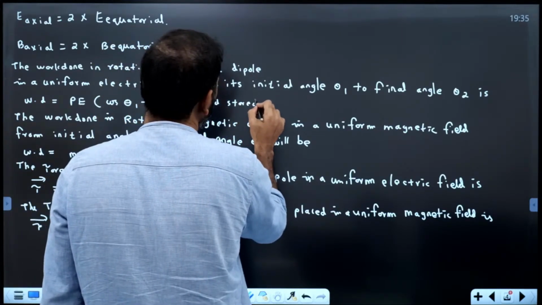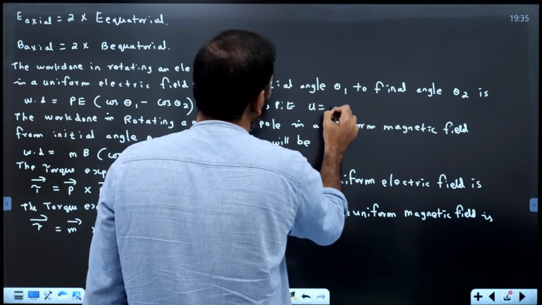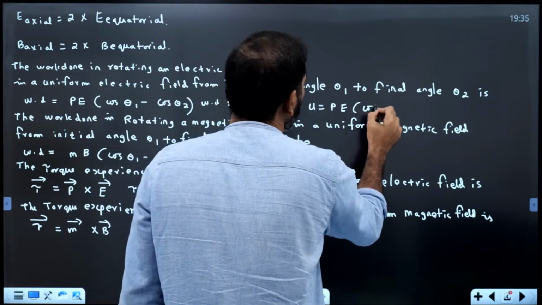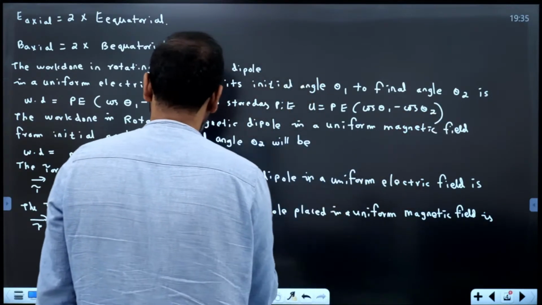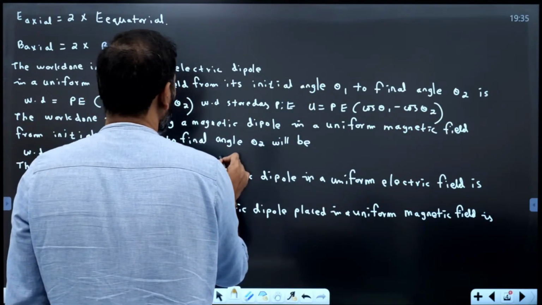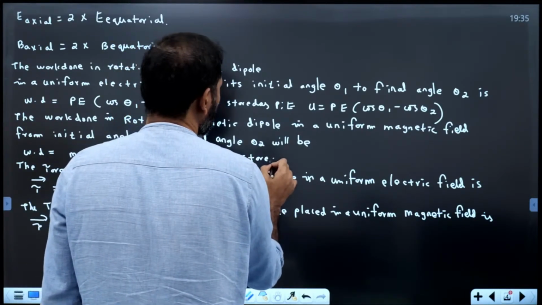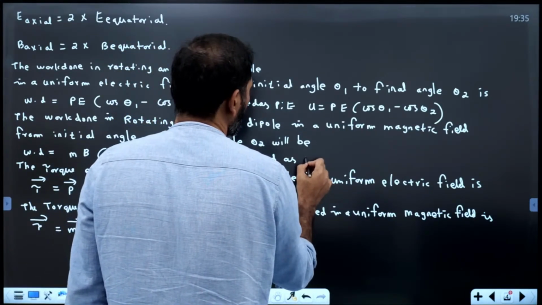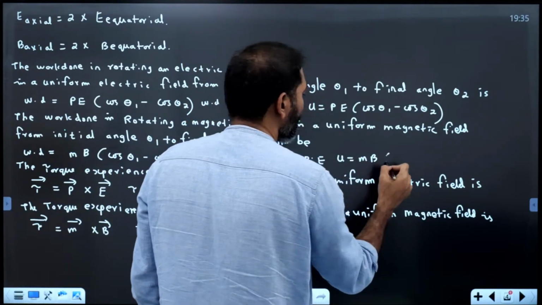Potential energy U equals PE (cos theta 1 minus cos theta 2). Again here also work done is stored as potential energy: U equals MB (cos theta 1 minus cos theta 2).